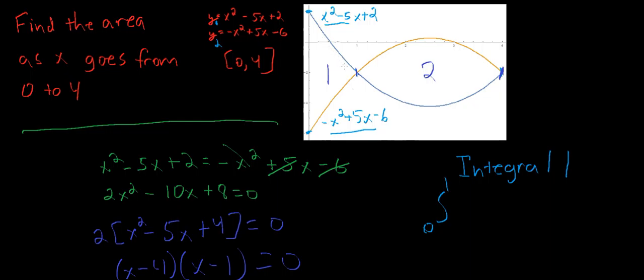And we're going to take our upper function, our higher function, or our upper boundary, and subtract from it the lower boundary to get the area inside.